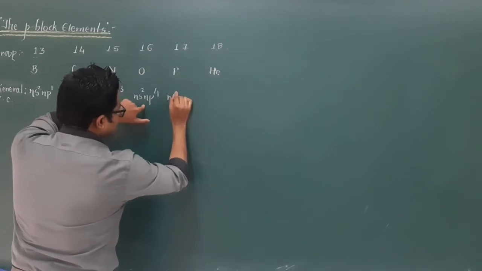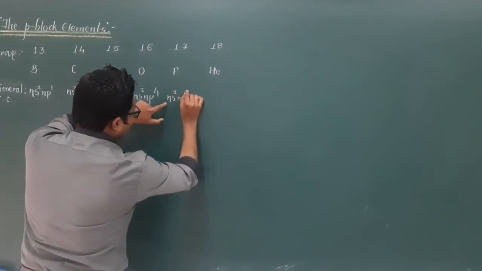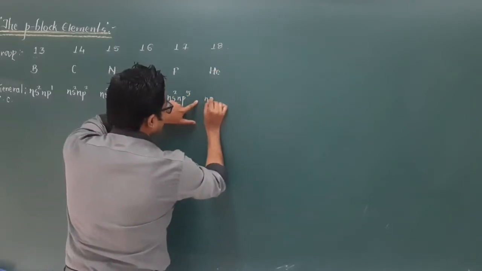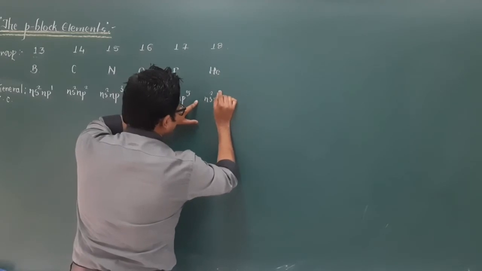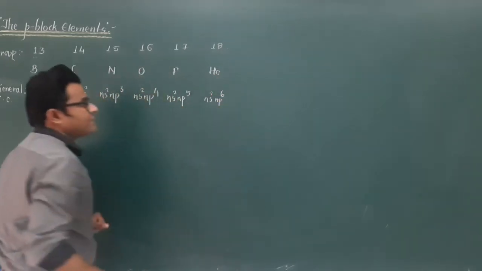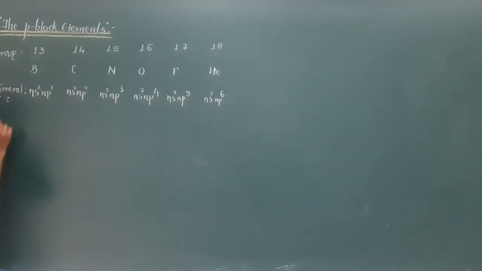For fluorine, the halogen family, ns2 np5. Finally, coming over here, we have ns2 np6, completely filled. Correct?